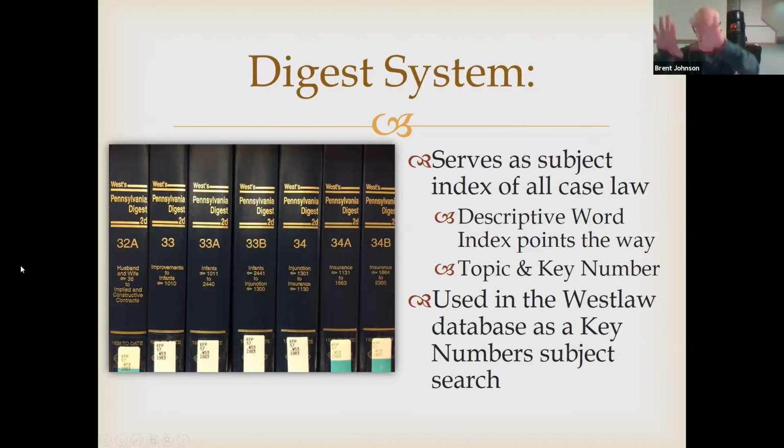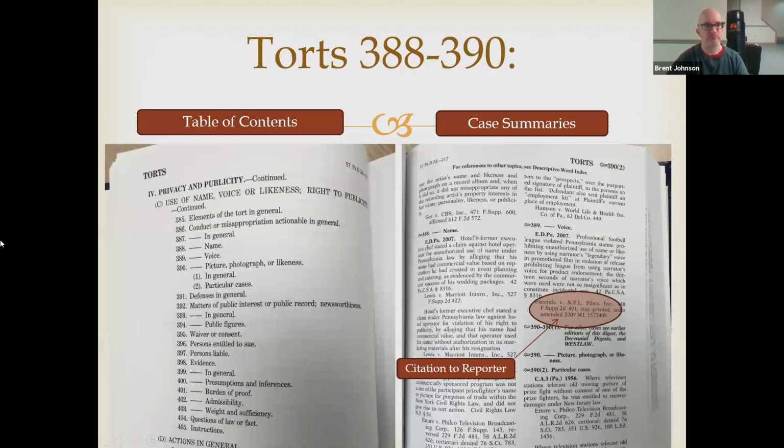They break the entire body of American law down into roughly 400 broad topics: torts, infants, insurance, zookeepers, whatever, alphabetically. And then each broad topic was broken down into narrow key numbers. So you would use a descriptive word index to hopefully find yourself a topic, torts, and a key number, 389.